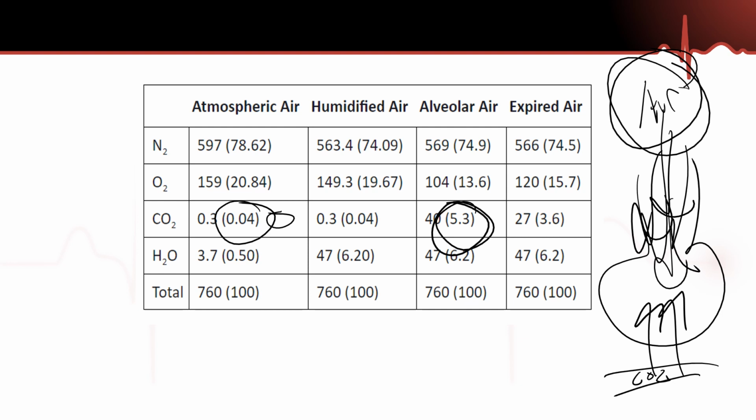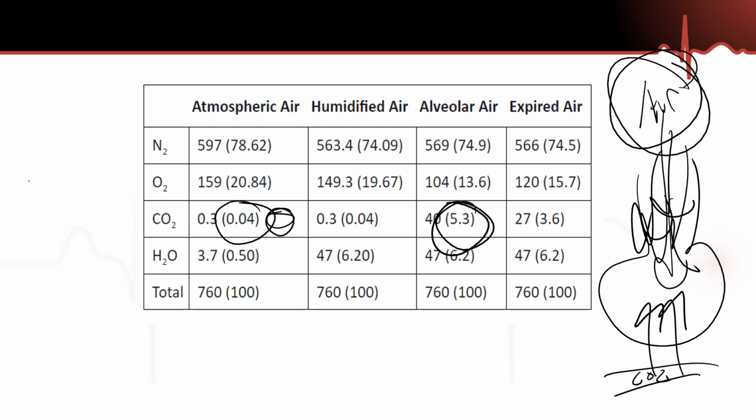That's air that has come in from the atmosphere. By the time the air from the atmosphere gets into the alveoli, it goes from having essentially no carbon dioxide within it to having 5% of it be made up of carbon dioxide gas, right? And that's again because that atmospheric air has mixed with all this CO2 that already exists within the lungs.